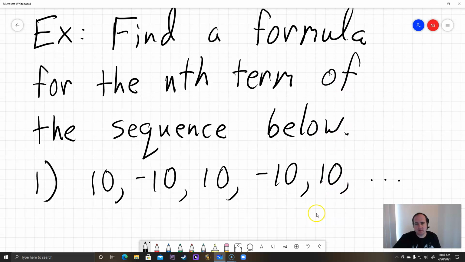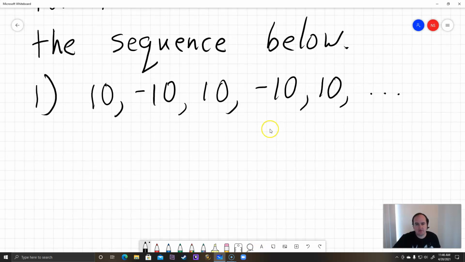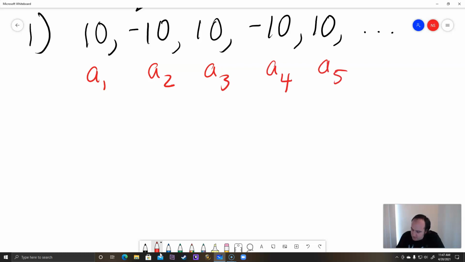Like I said, these can be trickier, but in order to come up with a formula, you have to be a little bit creative and figure out a pattern. What I usually do is underneath each term, I write what the term is. So for the first term, that's A1. The next term is A2. Third term is A3. Fourth term is A4. Fifth term is A5.